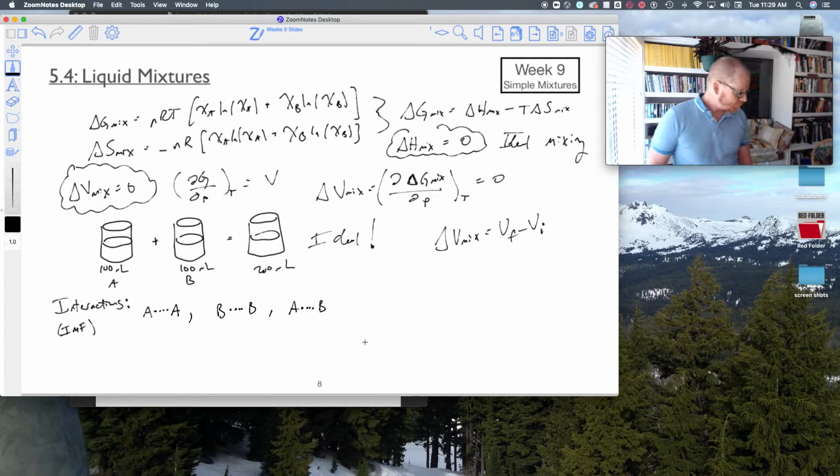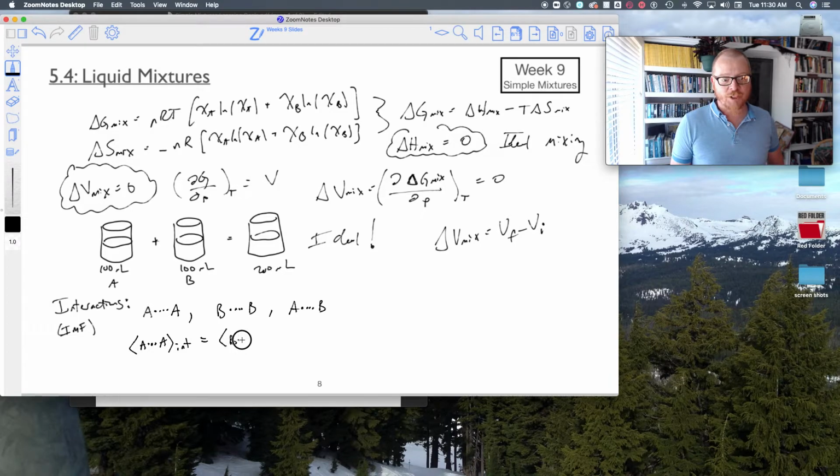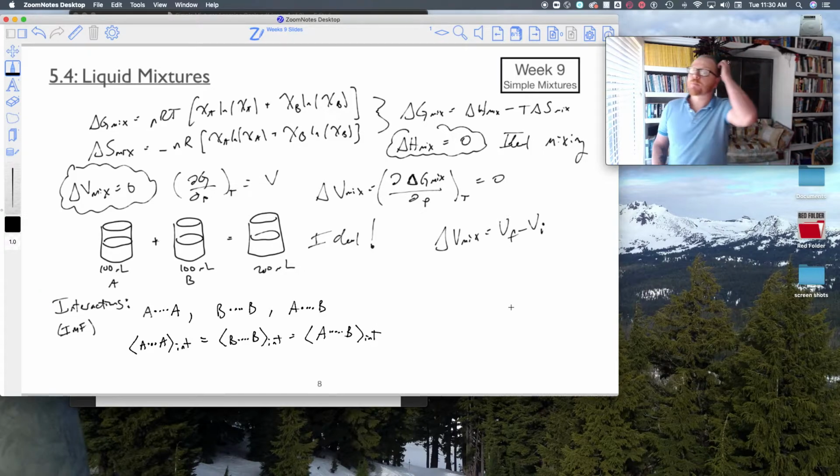For ideal solutions, all of these interactions will be equal. So I will say the average A to A interaction is going to be roughly equal to the average interaction between B and B, which is roughly equal to the average interaction between A and B. For example, suppose all of these interactions are hydrogen bonds.